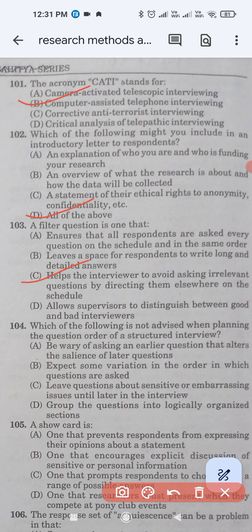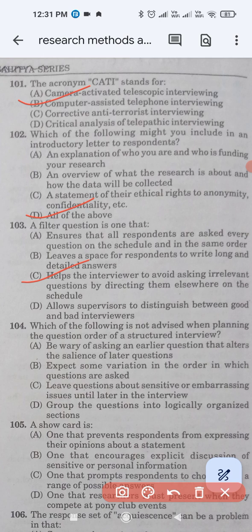Now question number 104. Which of the following is not advised when planning the question order of a structured interview? Option A, be wary of asking an earlier question that alters the salience of later questions. Option B, expect some variations in the order in which questions are asked.